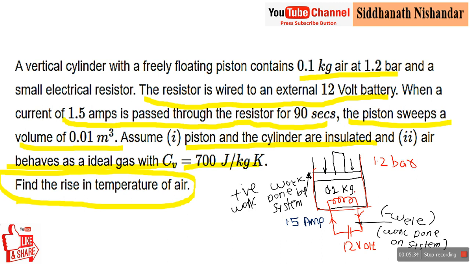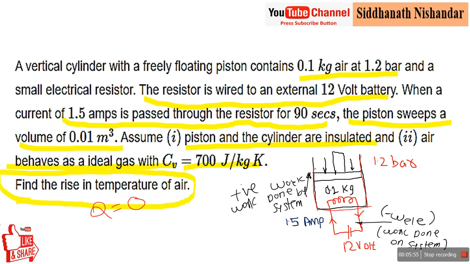So whatever heat is developed inside the chamber is not lost to the surroundings because of the insulation. From that statement we conclude that in this numerical Q is 0, there is no heat loss to the surroundings. The hint is that the piston and cylinder are insulated.